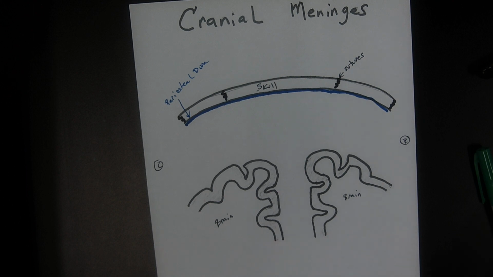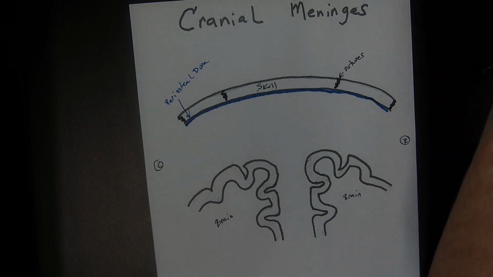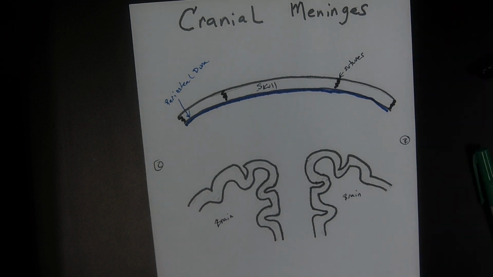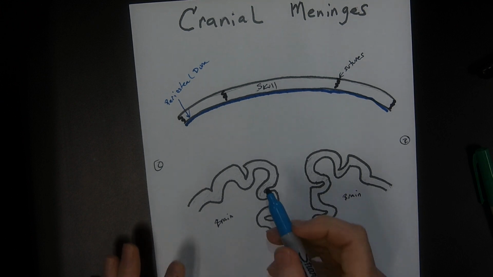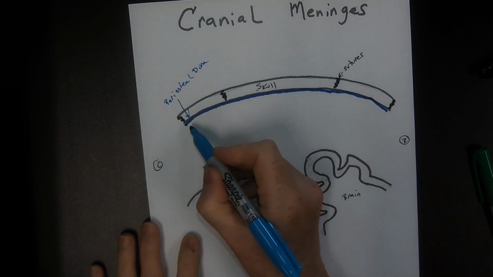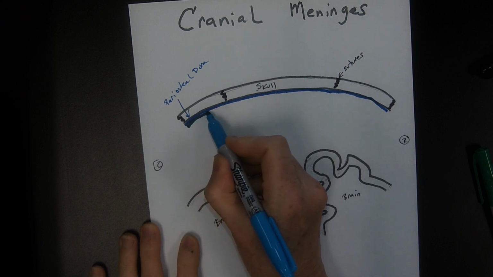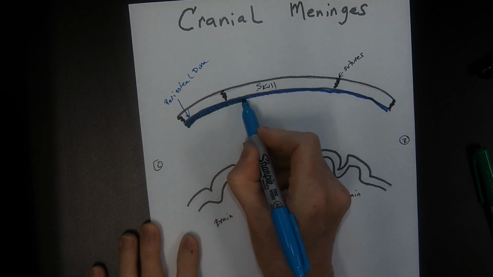Okay, so then the dura mater has 2 layers. The second layer of dura mater that we have to be concerned with is known as your meningeal dura. And the meningeal dura is going to be, again, fairly tightly adhered to the periosteal dura here.